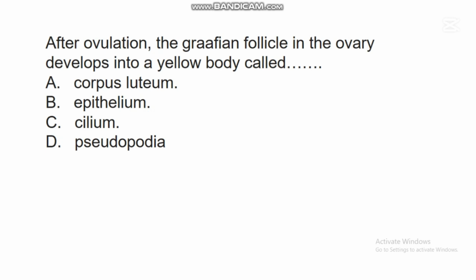In this question, the correct answer is A. Corpus luteum. The corpus luteum is the structure that forms after ovulation. After ovulation, the Graafian follicle will undergo some changes to develop a yellow substance called corpus luteum.